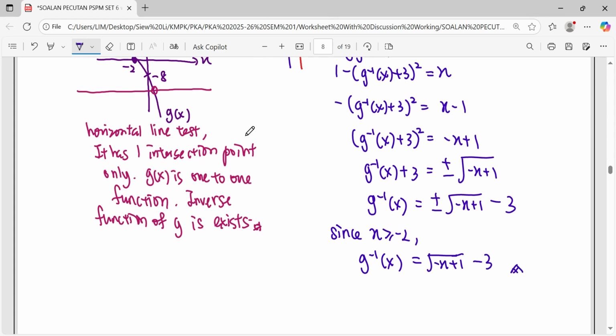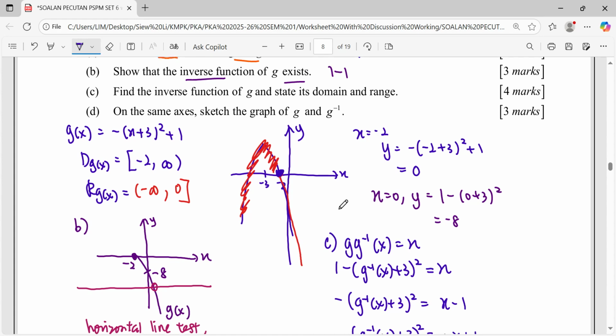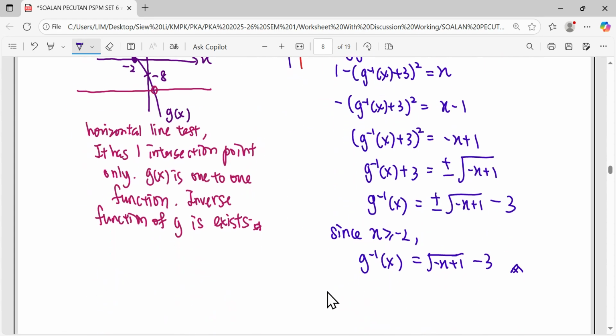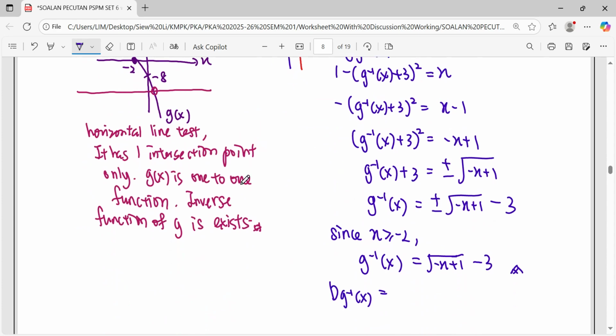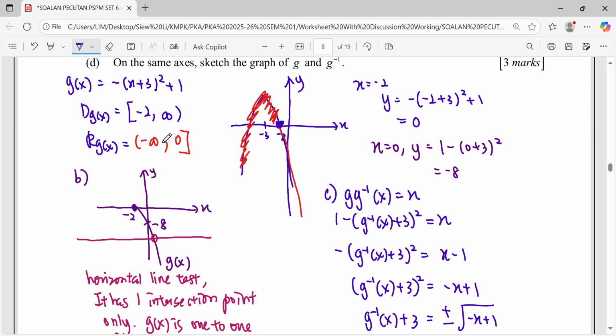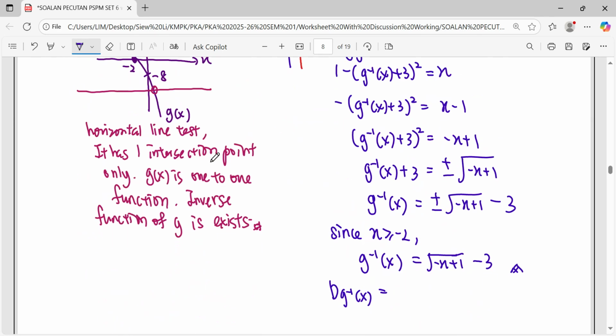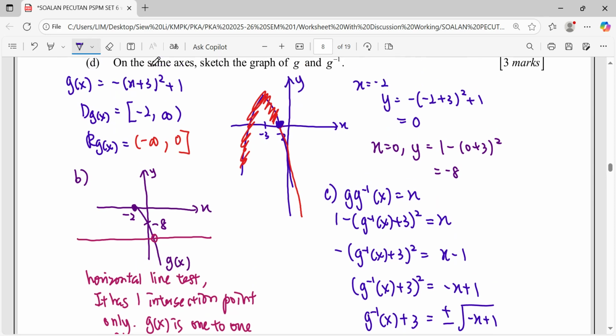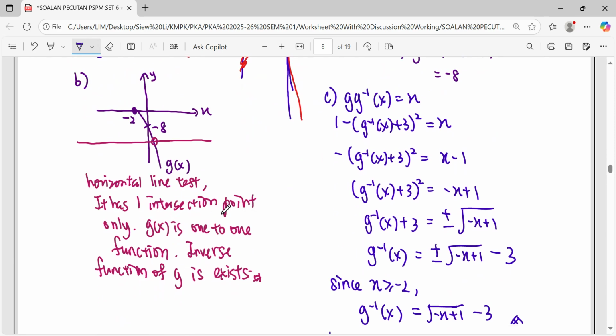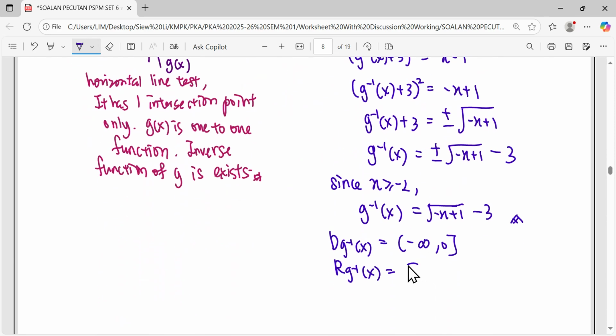And then the question they carry forward, they ask, what's your domain and range? So domain of g inverse refers to the range. Range of g here, negative infinity to negative 1. And range of g inverse refers to domain, which is negative 2 to infinity.